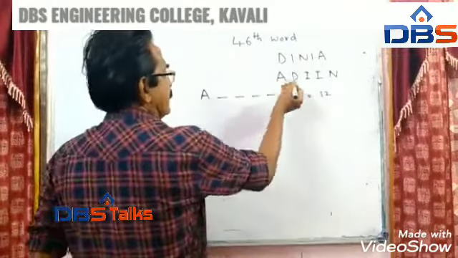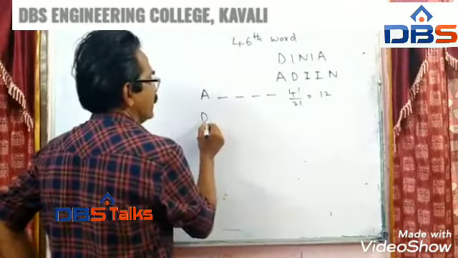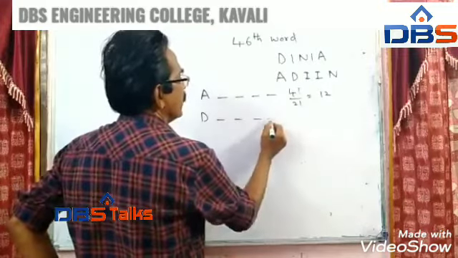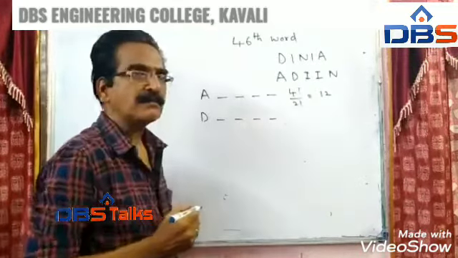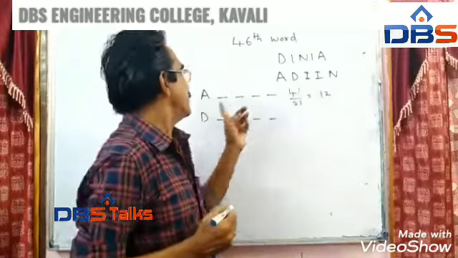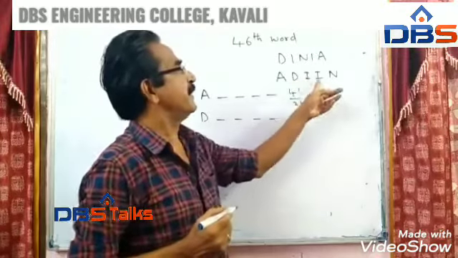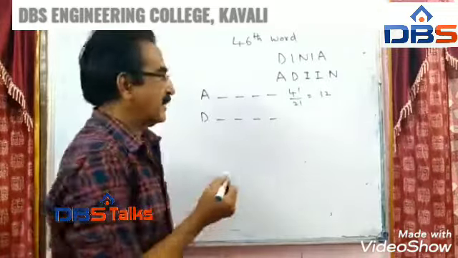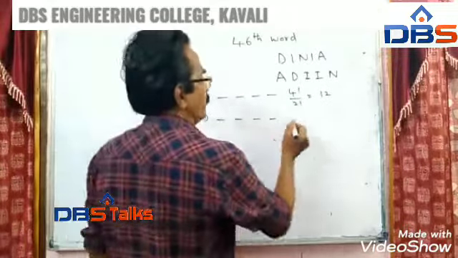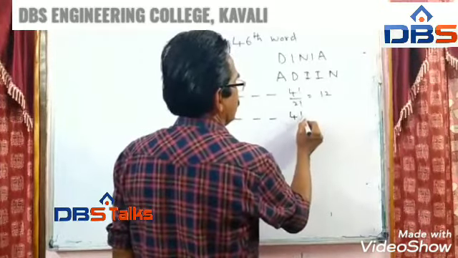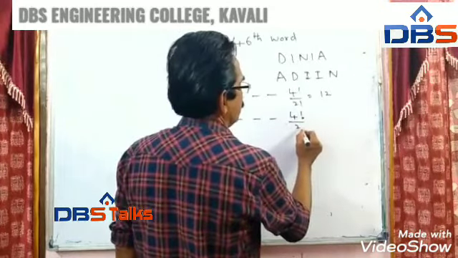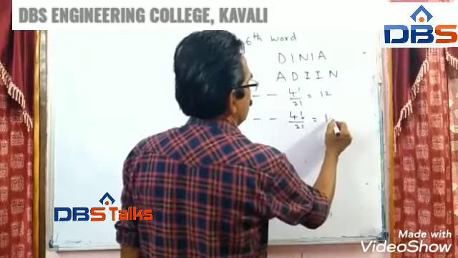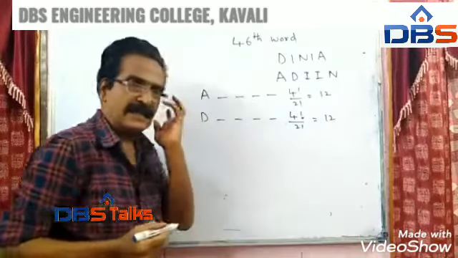And then, starting with D, how many will we have? With D placed in the first place, the remaining A, I, N, I, these 4 letters can be filled in 4 factorial by 2 factorial, since 2 I's are there, that is again 12 ways.